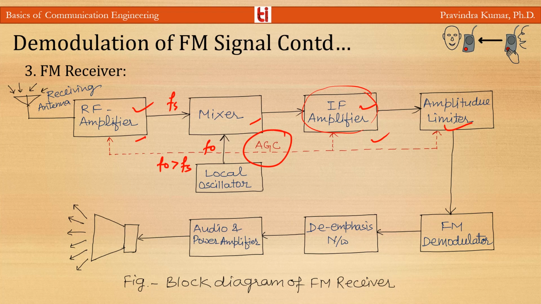The amplitude limiter will remove all the unwanted amplitude variations from the received signal, and it is always placed before the FM demodulator. In order to increase the limiting range, two amplitude limiters are connected in cascade, and this is known as a double limiter.